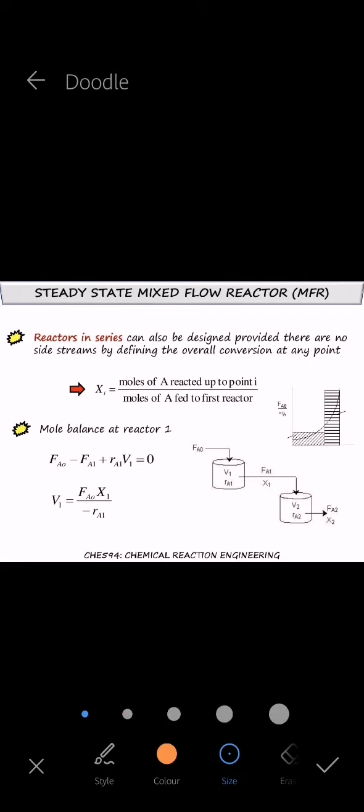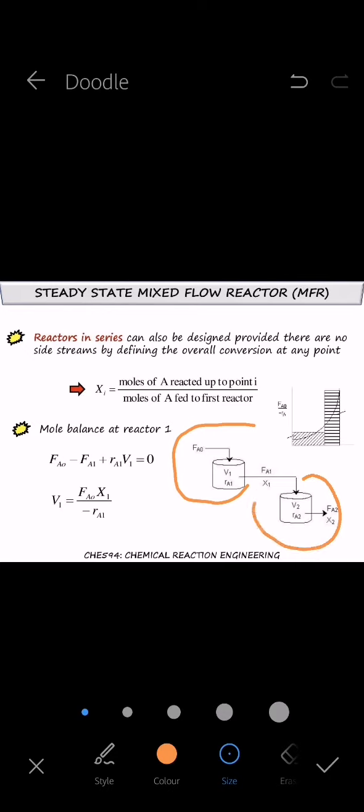Dia bersiri pula, tapi bersiri especially for single reaction kan. Alright. Kalau bersiri maksudnya the reactors are arranged, you have first reactor of CSTR, kemudian dia tersusun secara bersiri second reactor of CSTR begini.